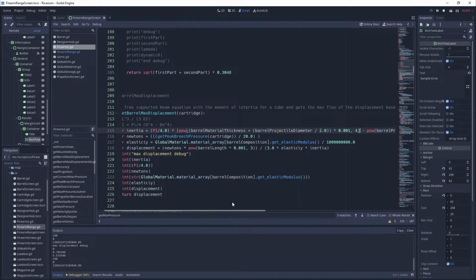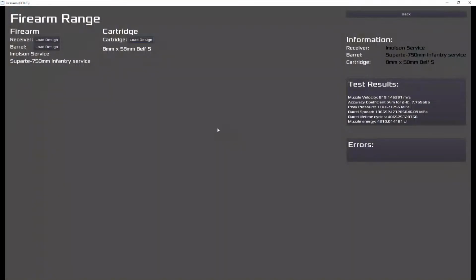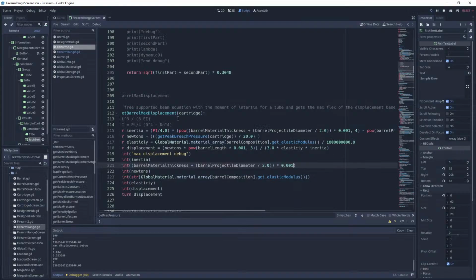0.001. Make sure that this is working. Do I have it all circled correctly? The pi over 4 is fine. This is terrible. I hate computer math. Mass displacement debug 0.014.